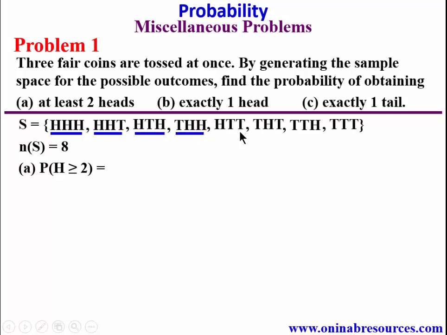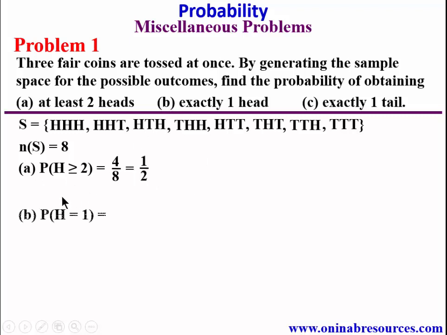The rest are 2 tails and 3 tails. So the probability of obtaining at least 2 heads will be 4 over 8, and that will give us 1 over 2. And that's the end of A part of problem 1.